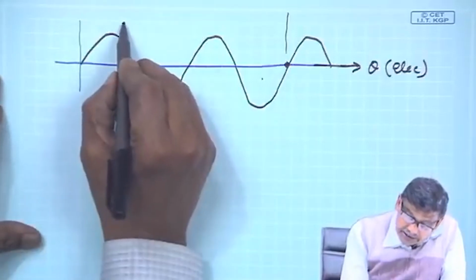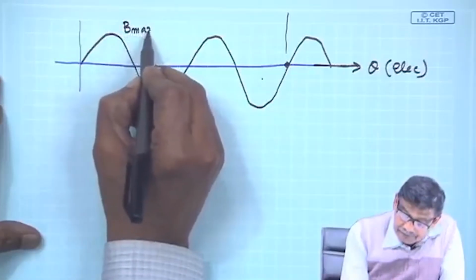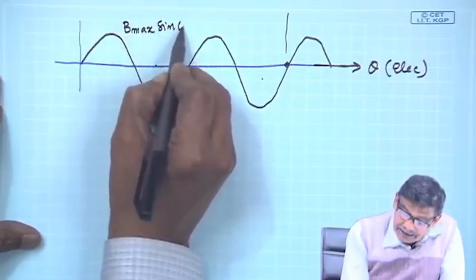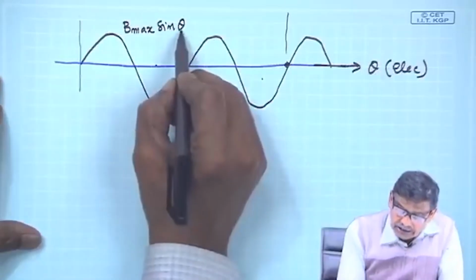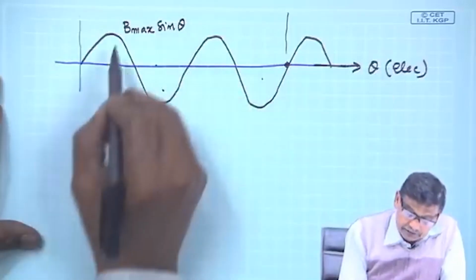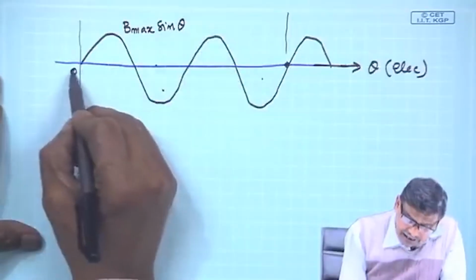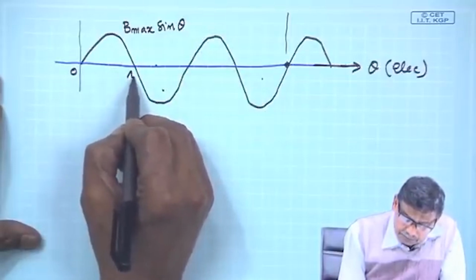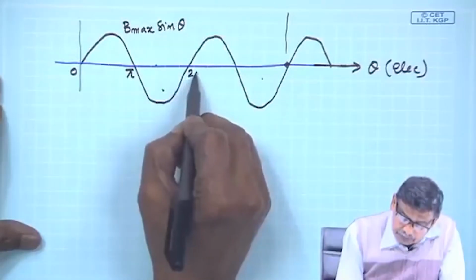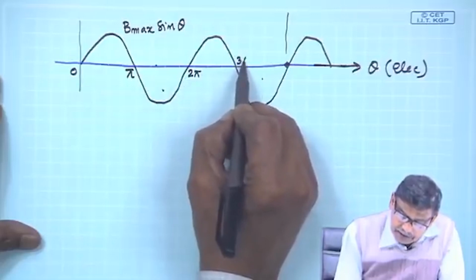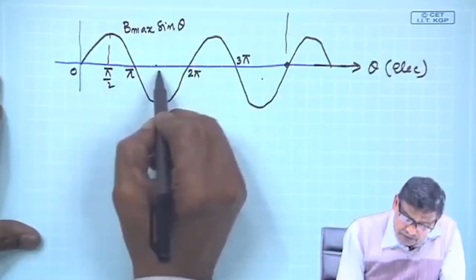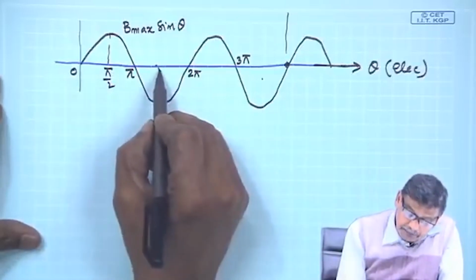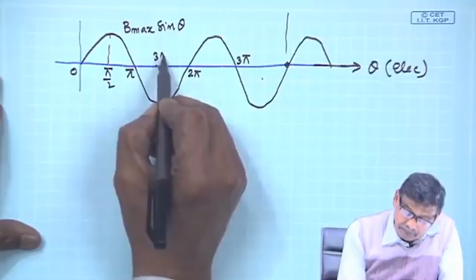I will write it as B max sin theta, and this theta, as I told, without any suffix, means electrical angle. So, B max sin theta, and there I will indicate like this 0, pi, 2 pi, 3 pi, this is pi by 2, and so on. This is 3 pi by 2.